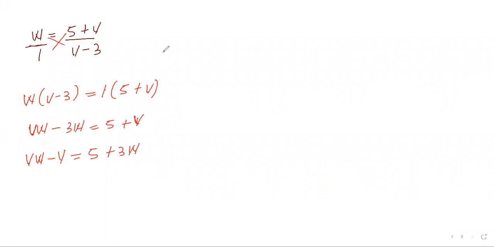So we have VW or WV, anywhere you want it. And what she did was to move this V over this side. Then later, they moved the W to the other side, right? Everybody understand that part, right?